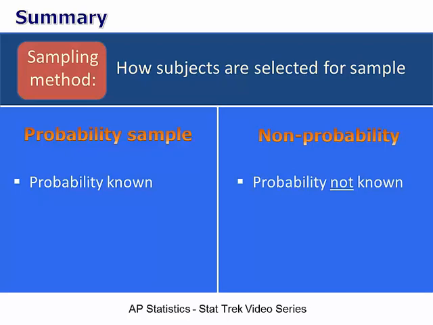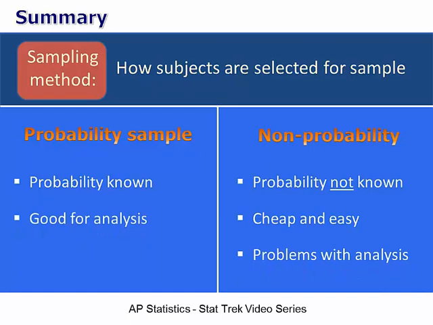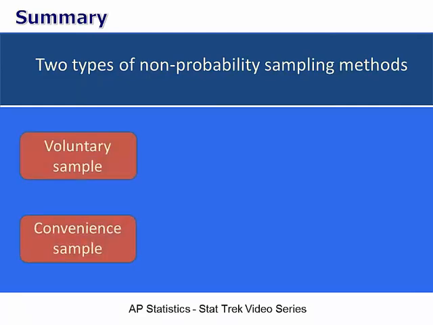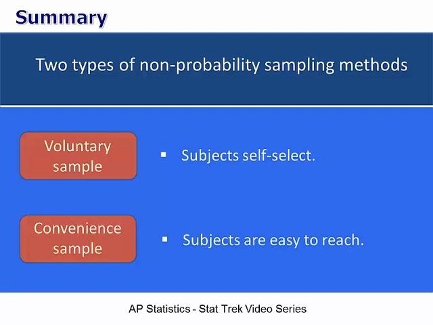Non-probability samples are cheaper and easier to administer, but they create problems for statistical analysis. There are two main types of non-probability sampling methods: a voluntary sample and a convenience sample. A voluntary sample is made up of people who self-select into the survey, and a convenience sample is made up of people who are easy to reach.